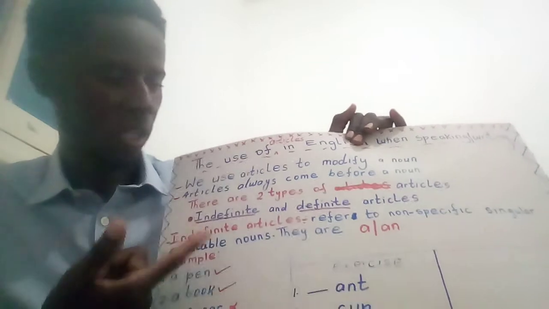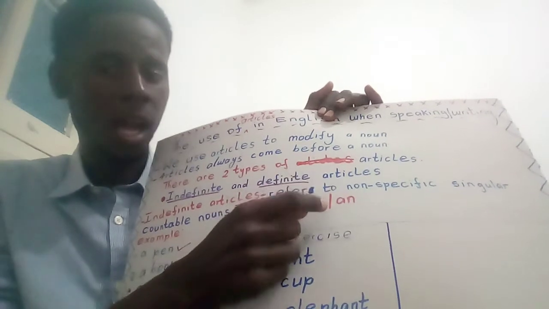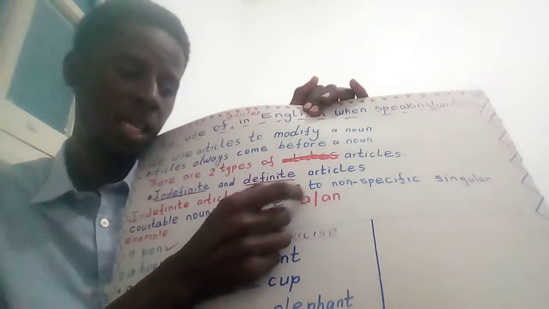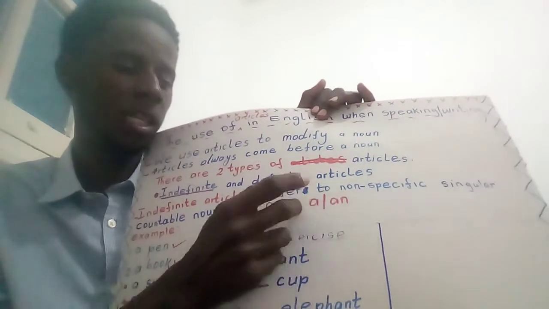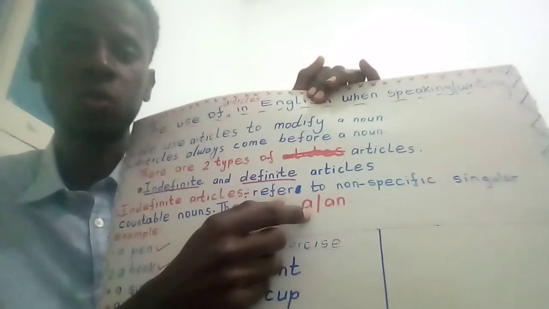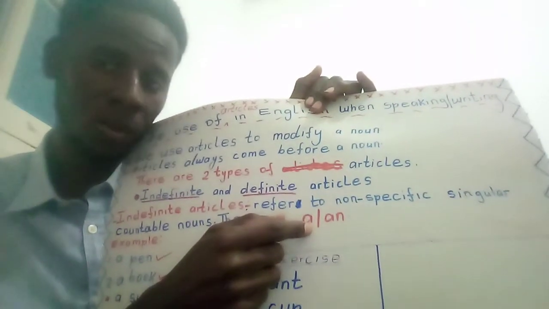What are indefinite articles? The indefinite articles are a, an. These two, a or an, is what we say indefinite articles.